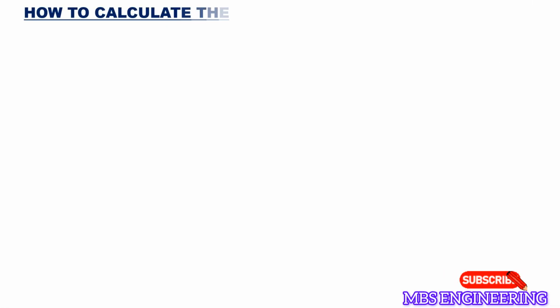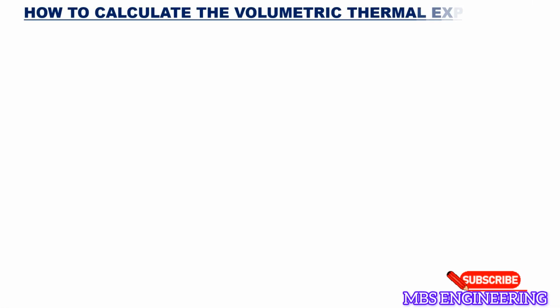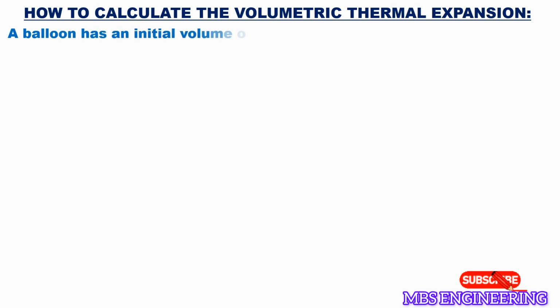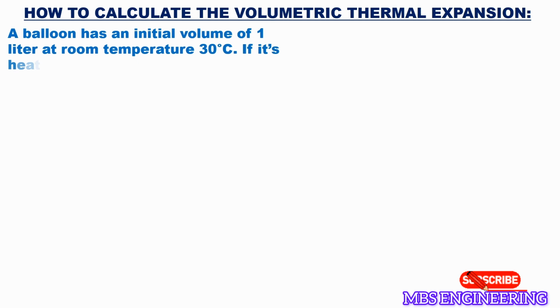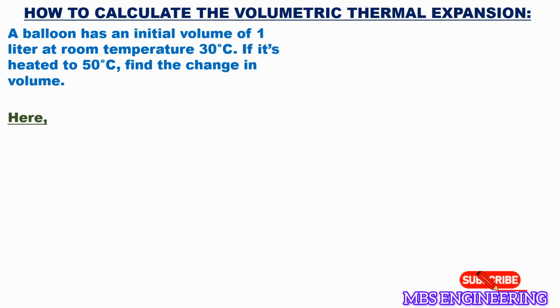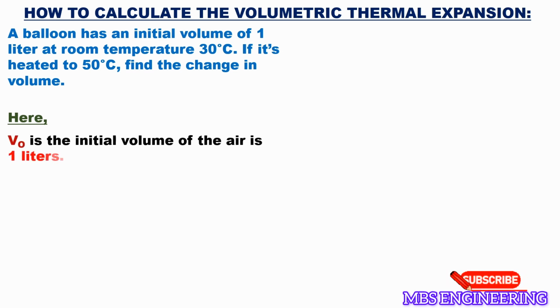Next, we will learn and understand how to calculate the volumetric thermal expansion. The sample example with calculation is as follows. A balloon has an initial volume of 1 liter at room temperature of 30 degrees Celsius. If it's heated to 50 degrees Celsius, find the volume change. Here, V0 is the initial volume of the air, 1 liter.